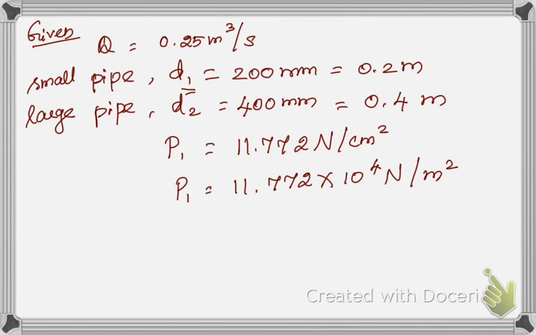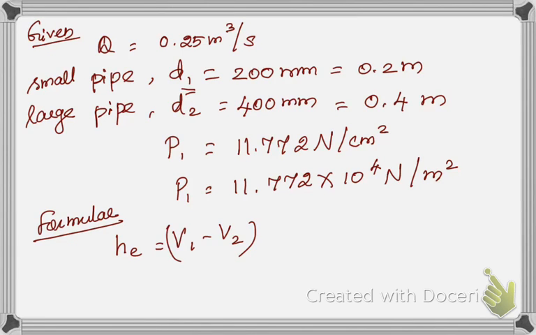So first thing is that they have asked us to determine the loss of head due to sudden enlargement. So we'll write the formula to be used. First one is loss of head due to sudden enlargement. The formula is very simple, which is V1 minus V2 the whole square divided by 2G. And the next one is pressure intensity.